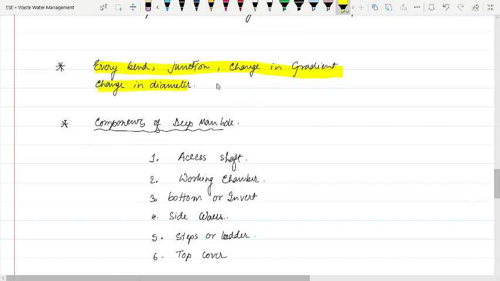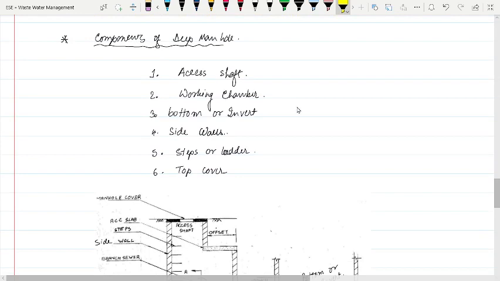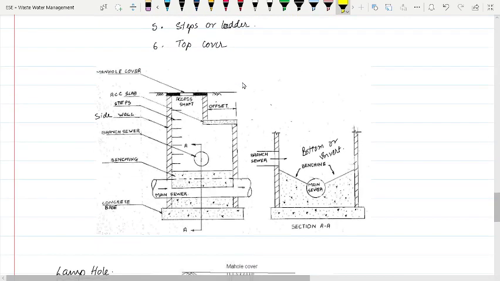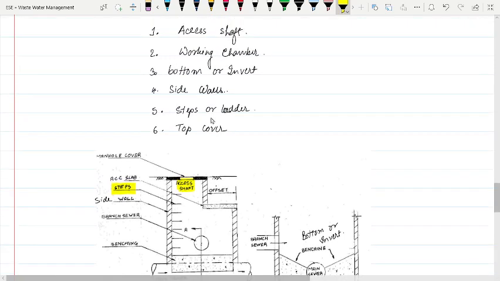So what are the various components of a manhole? There is the access shaft, through which a person will enter. He will enter through the ladders or steps provided here. This portion is known as the access shaft.